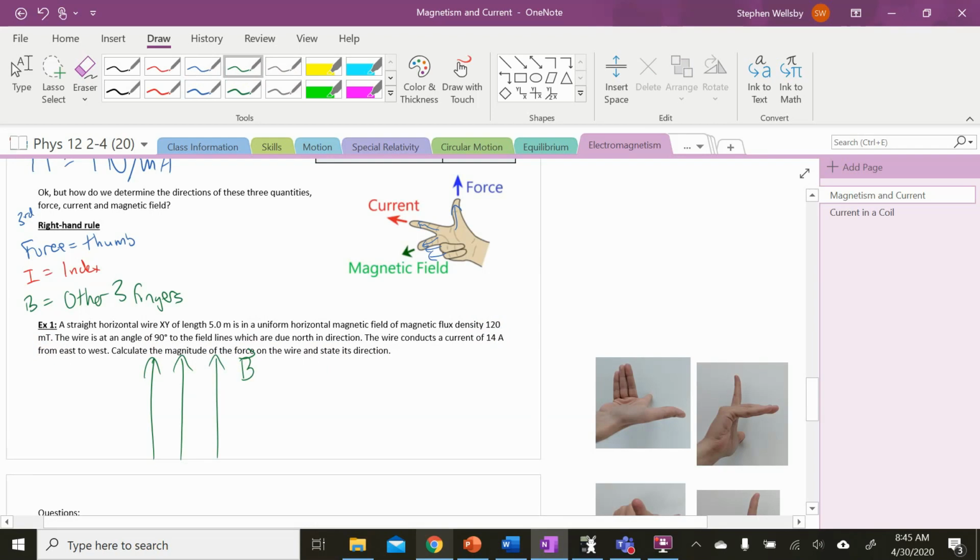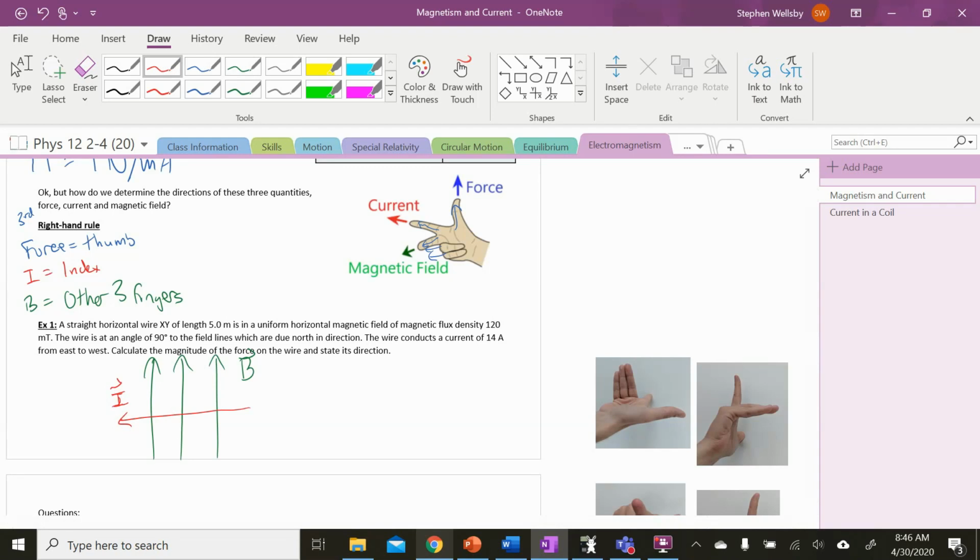The wire is going from east to west, so the current is going in this direction here. That is my I. If I've got a magnetic field going north, that's my 3 other fingers, and my index finger is showing the direction of the current, going from the east to the west.